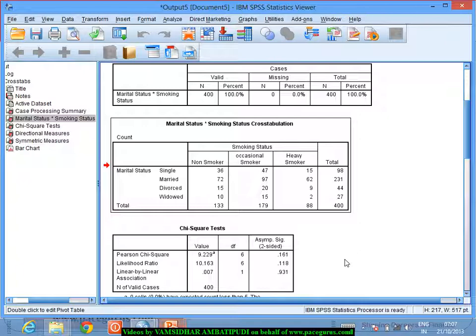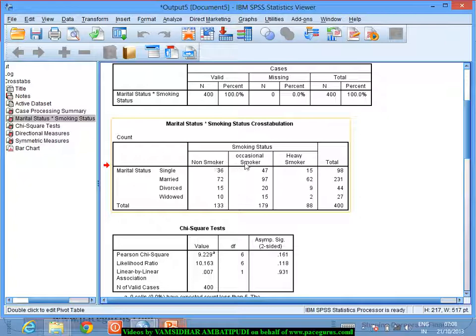Now I need to know whether the proportions are uniform. At least on a broad scale it appears like this is the highest. The occasional smokers are highest in all the groups, whereas the heavy smokers are lowest in all the groups. But I really need to know whether this pattern is more or less uniform in terms of proportions across all the four groups.